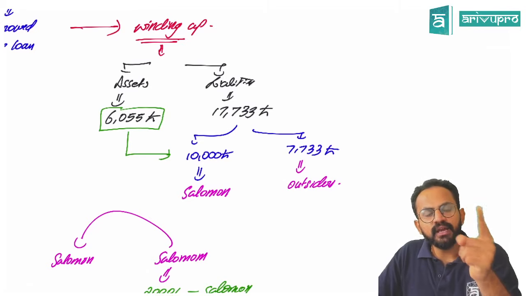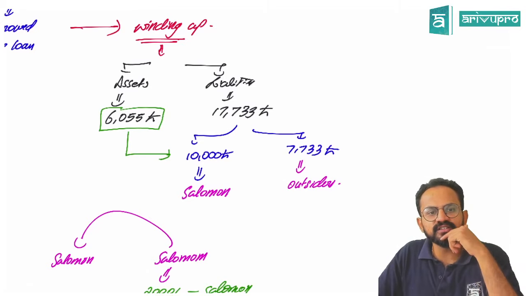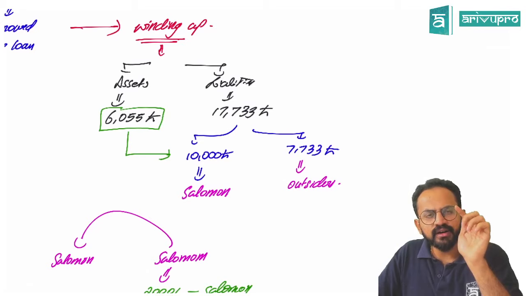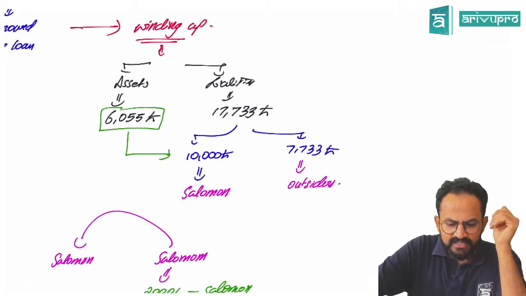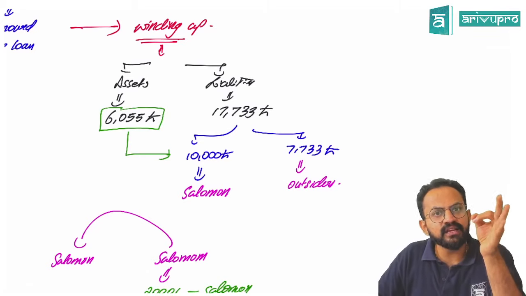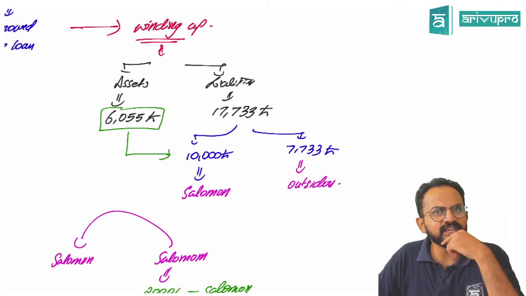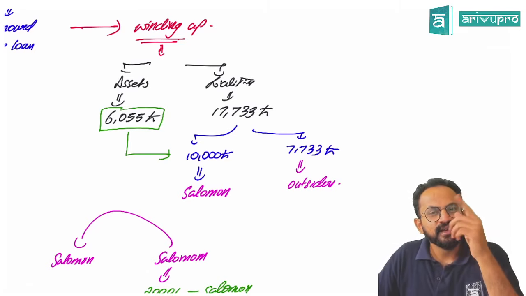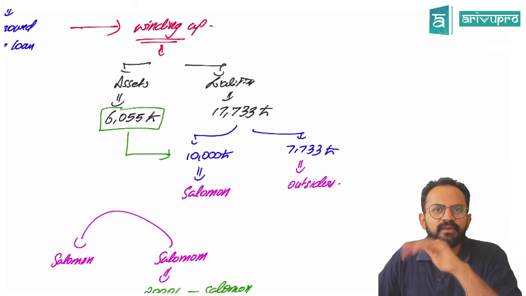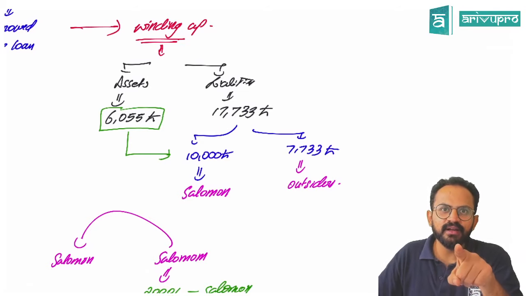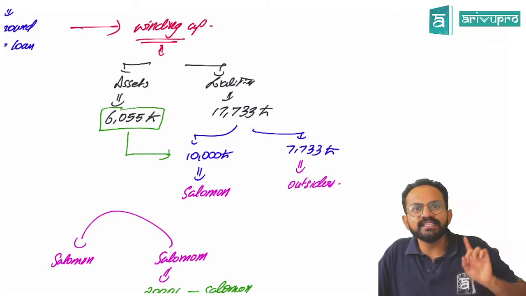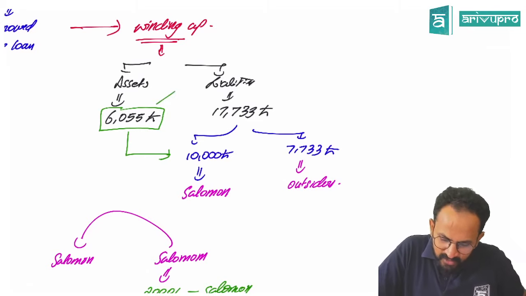The company has its own existence, and Salomon is taking the money in the capacity of a secured debenture holder. What does a secured debenture say? Before repaying anyone, if your money is not repaid, the assets will be sold and you will have the first right.